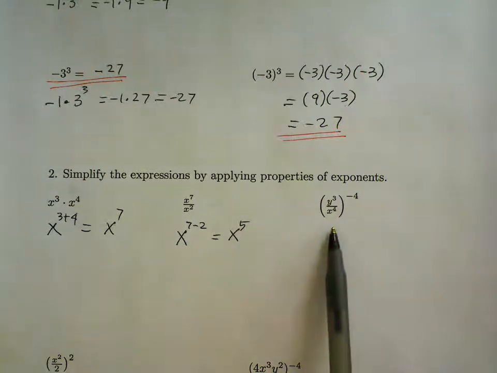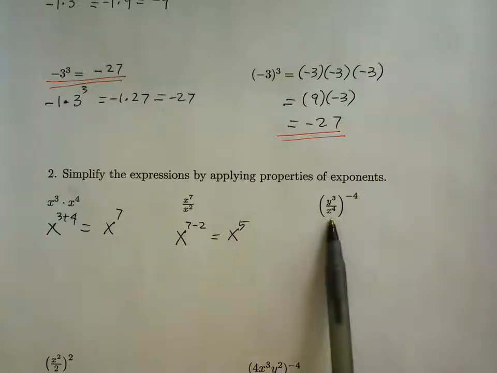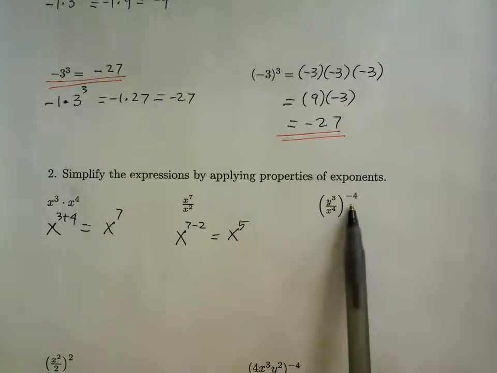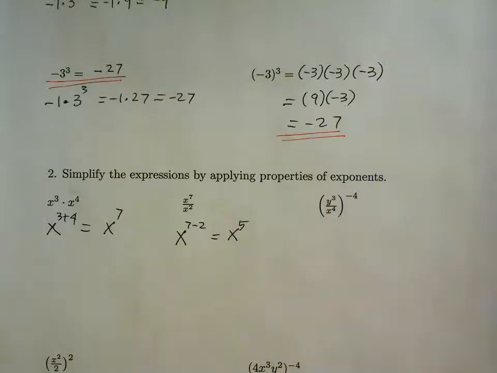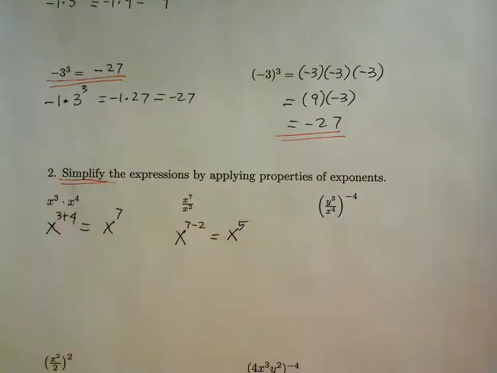Okay, next we have a rational expression, y to the third divided by x to the fourth, and that entire rational expression or fraction is raised to the exponent negative 4. So when we're simplifying, in the end, we only want positive exponents.